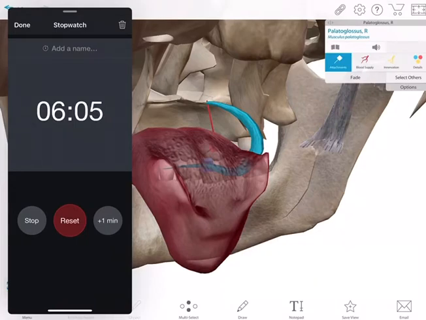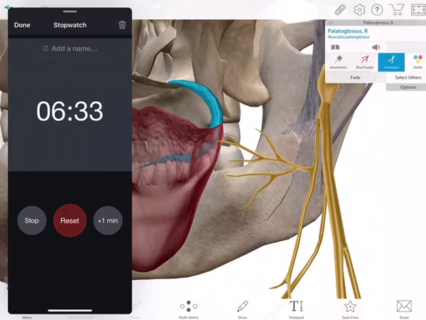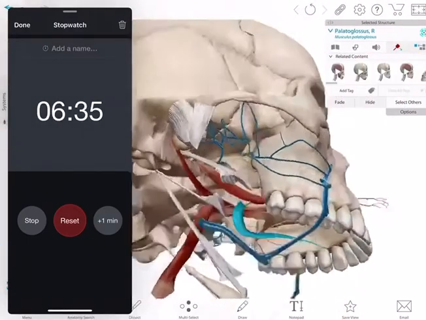The innervation also is from the pharyngeal branch of the vagus nerve, and the function is either depression of the soft palate or elevation of the back of the tongue. So the palatopharyngeus muscle depresses the soft palate and elevates the pharynx. The palatoglossus muscle depresses the soft palate and elevates the tongue.